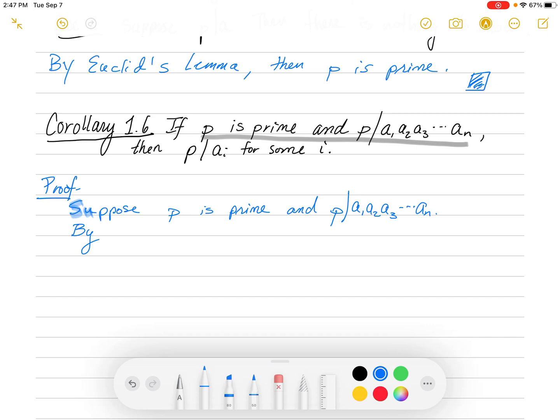Since P is prime, by Euclid's lemma, let's think about A1 as the A, and the rest of the stuff I'm doing here in red, A2, A3, through AN, let's think about that as the B. So by Euclid's lemma, P has to divide A1, or P has to divide the red stuff, A2, A3, through AN. And the triple dots should go in the middle of the screen.